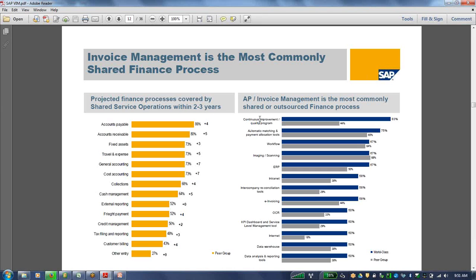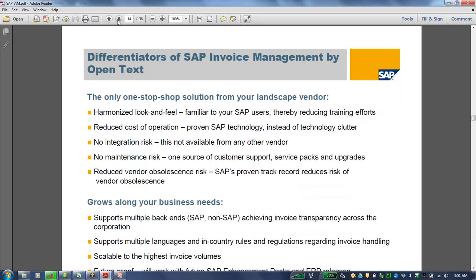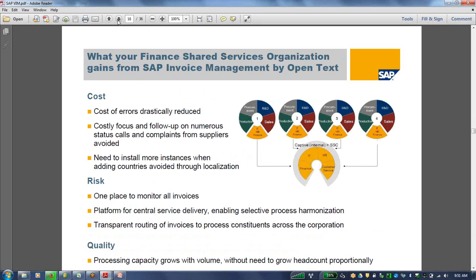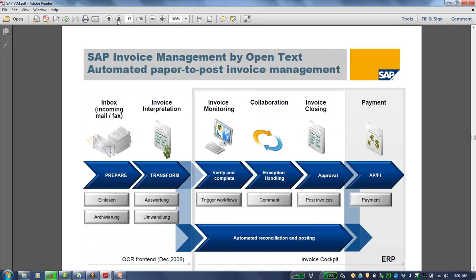What he's saying is that accounts payable invoicing is the most commonly shared or outsourced financial process, and there's a lot of optimization: the continuous improvement process and quality, automatic matching of payment, workflow, imaging and scanning, intercompany reconciliation, e-invoicing, OCR, KPI dashboards. So you need all these things to see where your accounts payable is. Okay, I'm going to skip that. We already talked about OpenText being a tool that automates all these things.